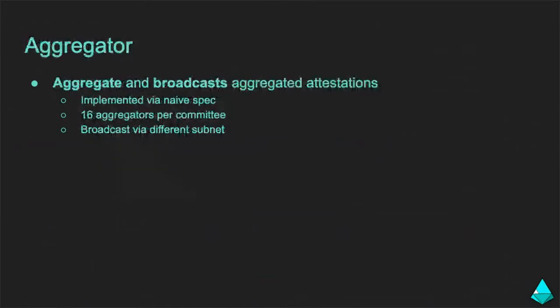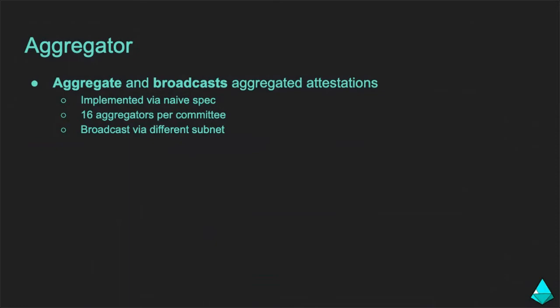And in the latest spec, to avoid spamming too many attestations in the same gossip pub/sub channel, a new role was introduced, and this new role is aggregator. So an aggregator essentially aggregates the attestations via the BLS signature scheme, and then you broadcast the aggregated version of the attestation.